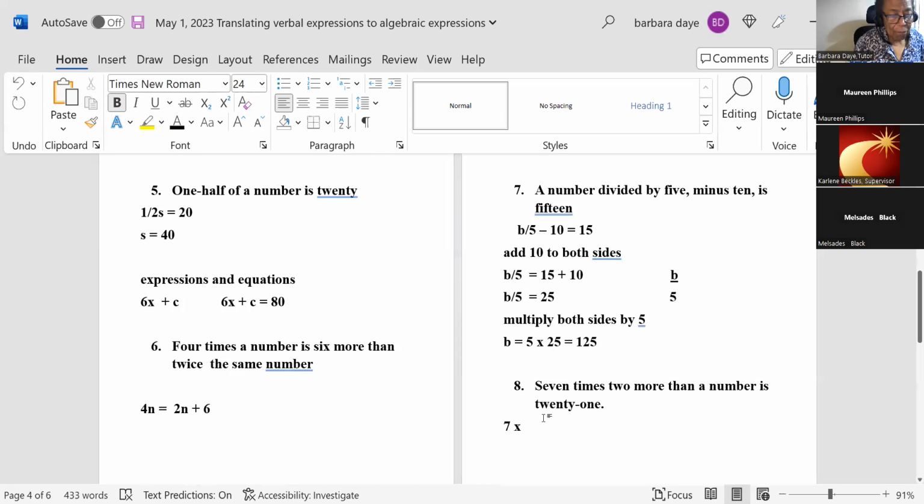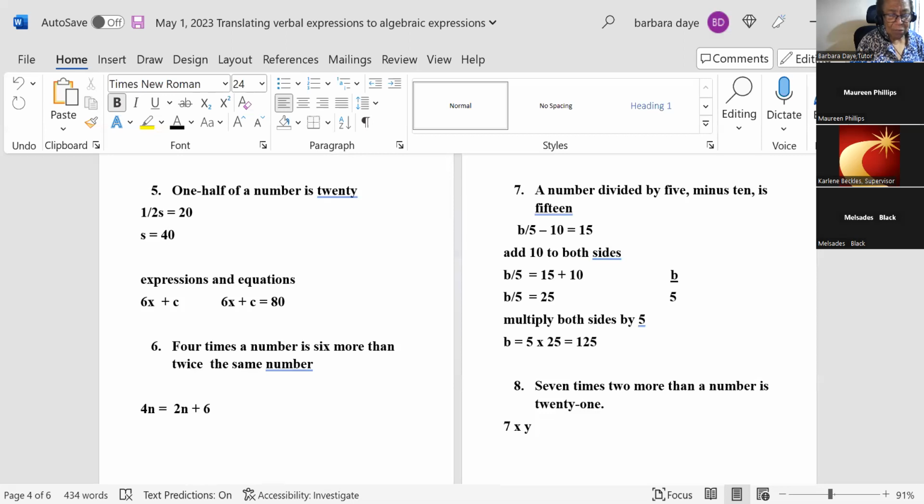So what's your variable for your number? I was gonna put y. Okay, y. Now 2 more than that, what would you write? We would put the number 2.